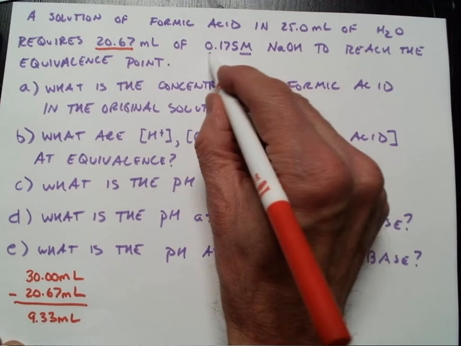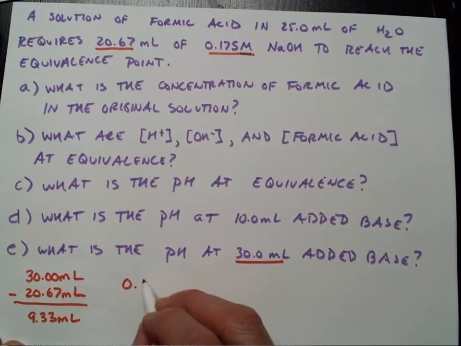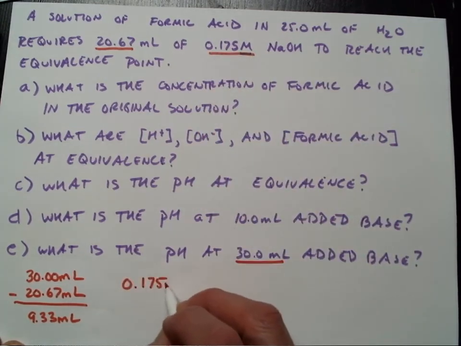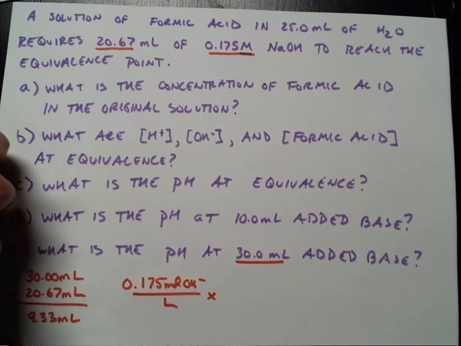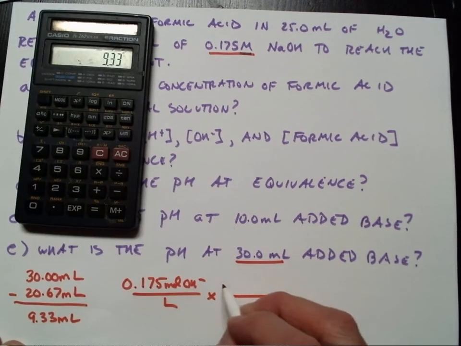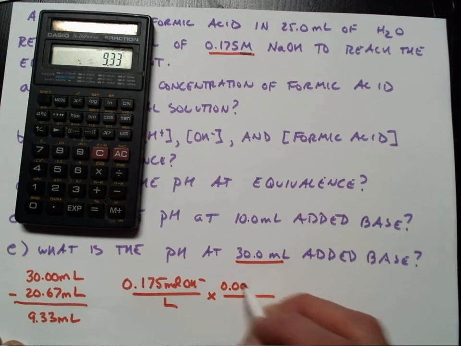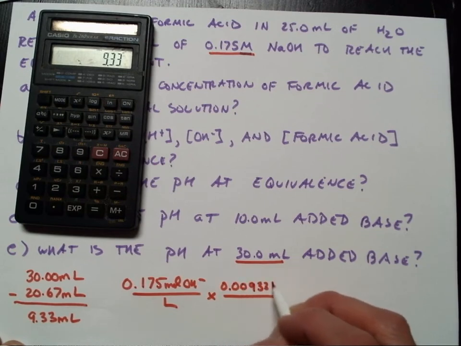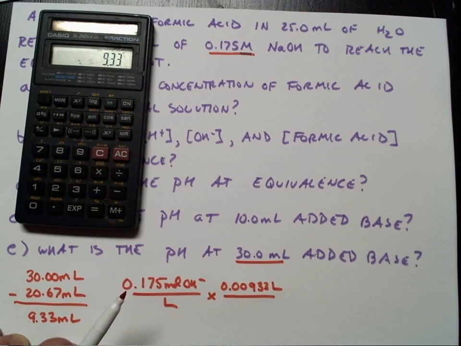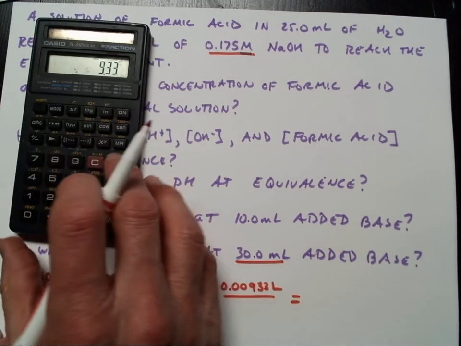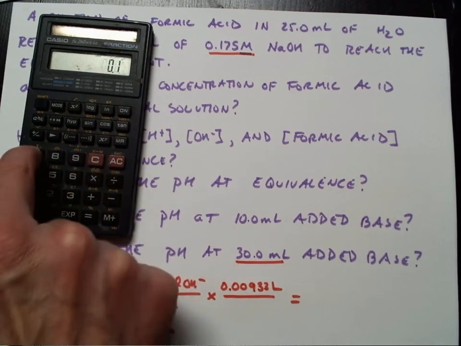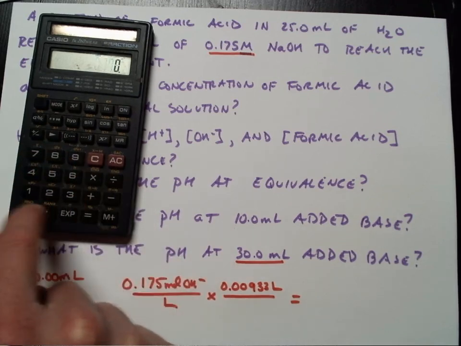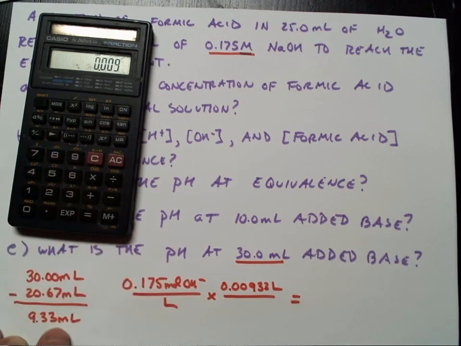So, I have 0.175 moles of hydroxide per liter, and I added an excess of 9.33 mils. So that's 0.00933 liters, is it not? I think that's right. So let's see. 0.175 times 0.00933.